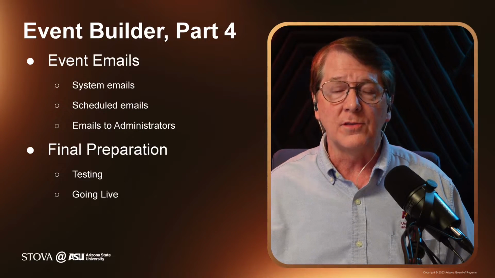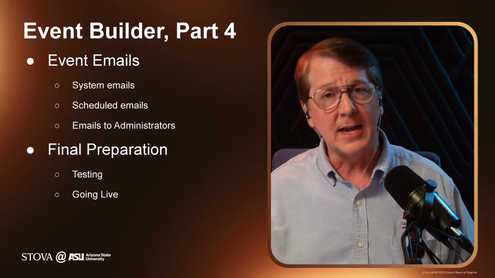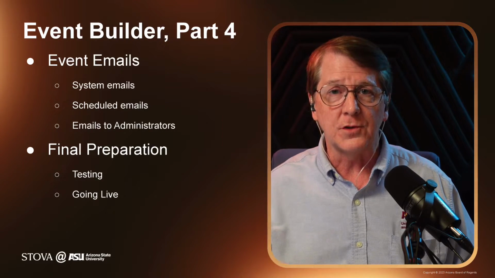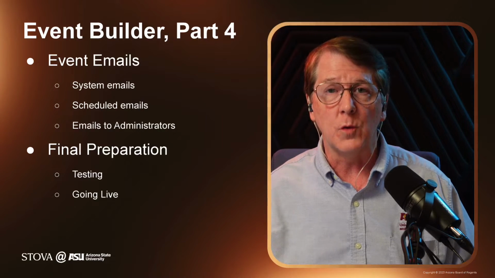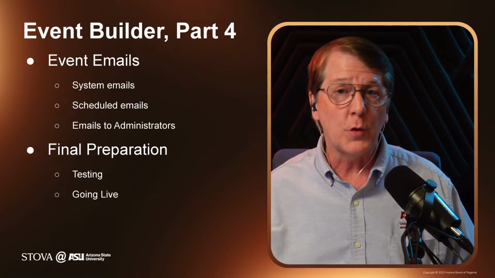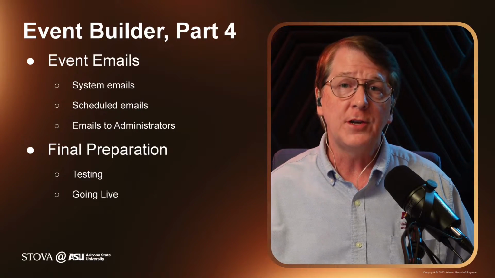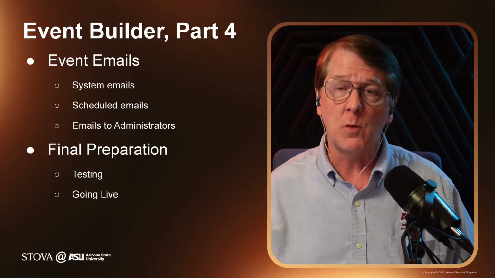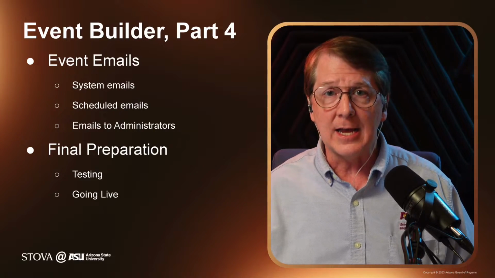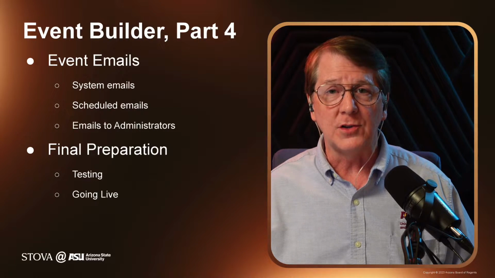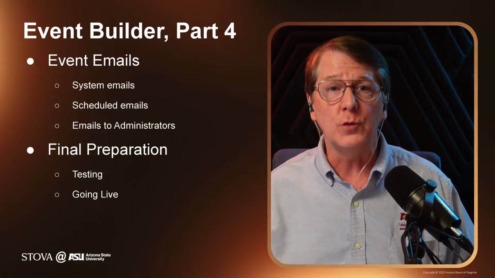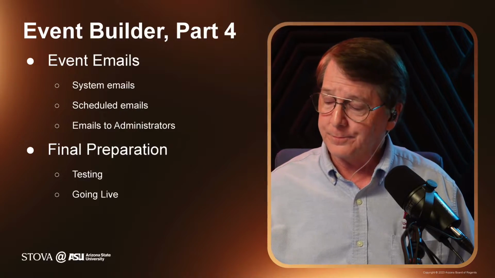And there are emails to administrators, a handy, though often overlooked, feature for communicating with other members of your team. After we go through that, we're going to talk about final preparations, what you should be doing before you go live with your registration site, and then showing you how to go live.